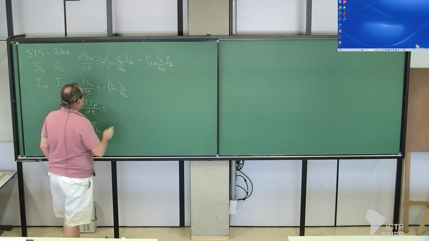Now, for here, it's simple. All the infected high-risk people originate from high-risk people that were susceptible. Okay? So that just takes all of this here, okay, with a positive sign.